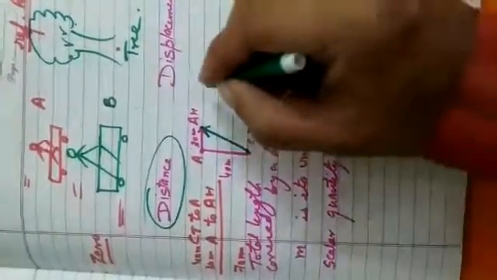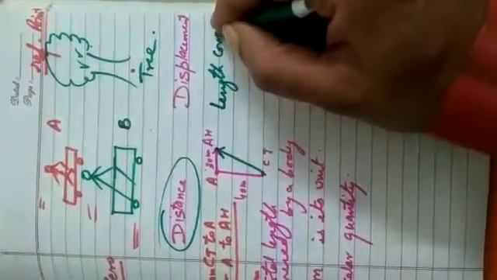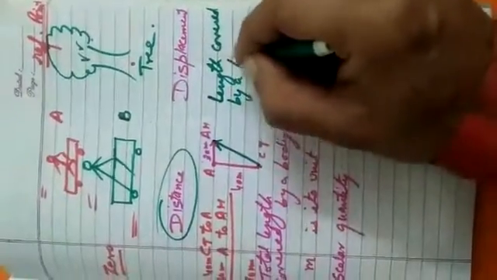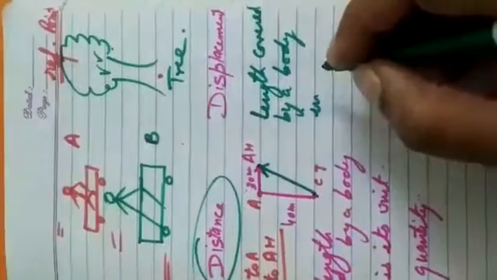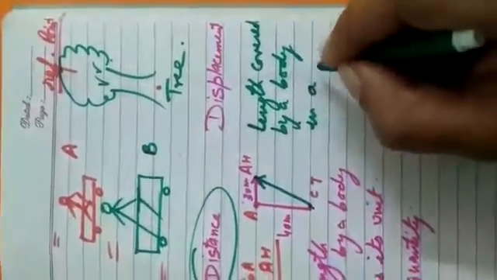Whereas displacement, it is the length covered by a body in a particular direction.